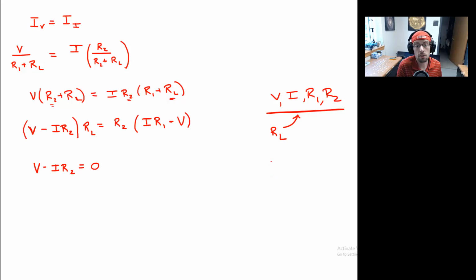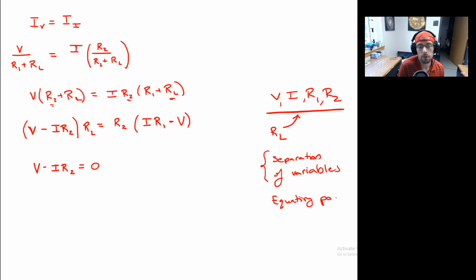It's particularly helpful with a method called separation of variables. Or another thing that it's called is equating powers of X. You might see this kind of trick played there as well.